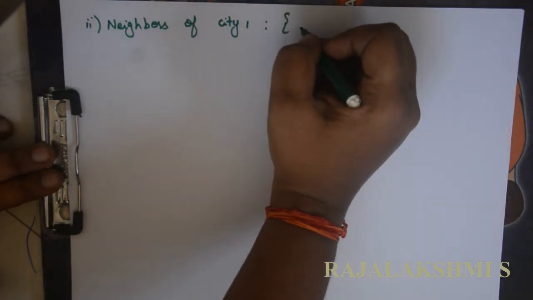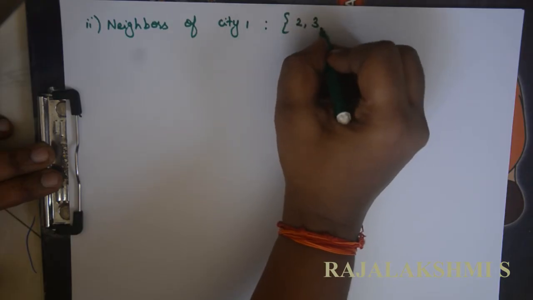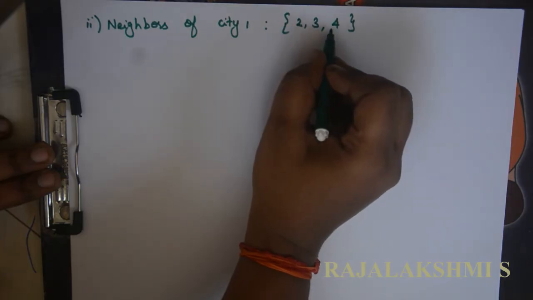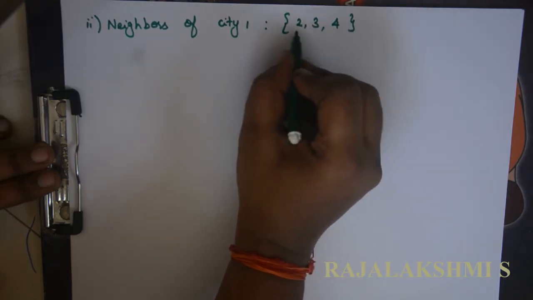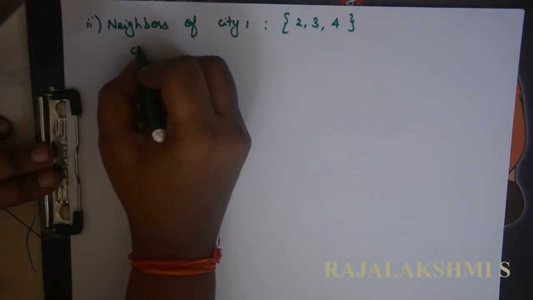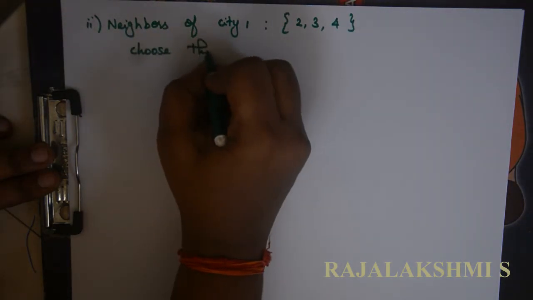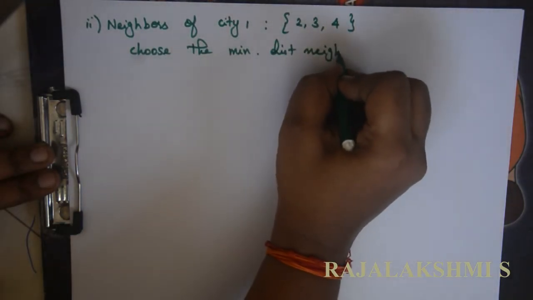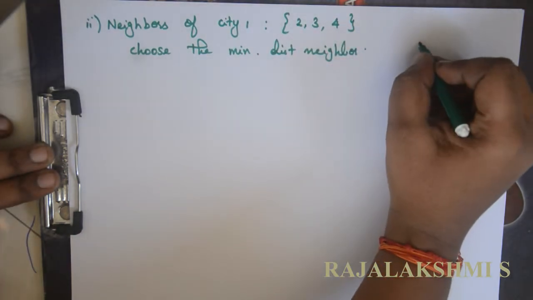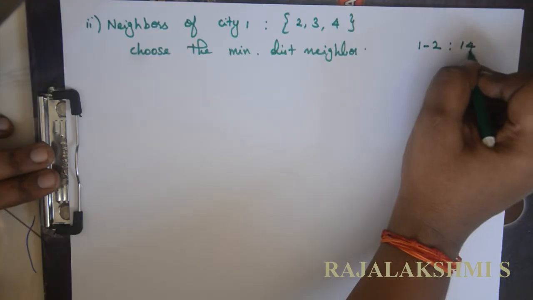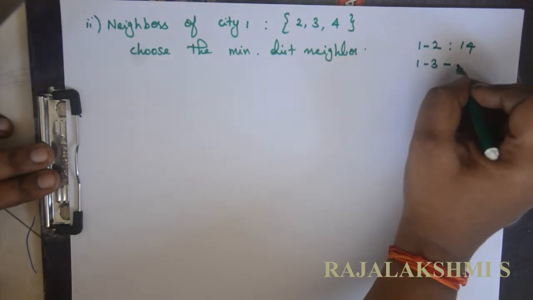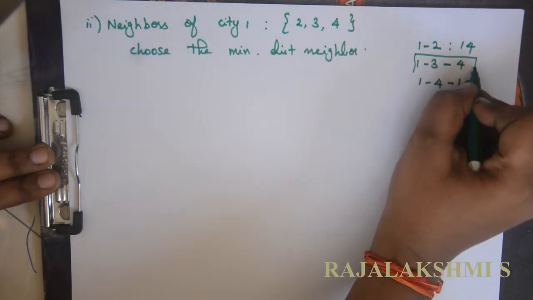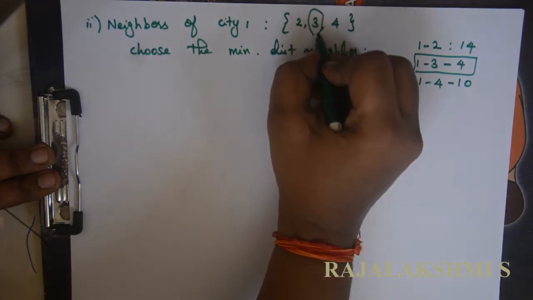Here the graph is undirected, so the neighbors are 2, 3 and 4. These are unseen, that is unvisited, and we have to find the one which is having the minimum distance. Choose the minimum distance neighbor. Here 1 to 2 has distance 14, 1 to 3 has distance 4, and 1 to 4 has distance 10. So the one which is having the minimum distance is 1 to 3. So the minimum distance neighbor is 3.